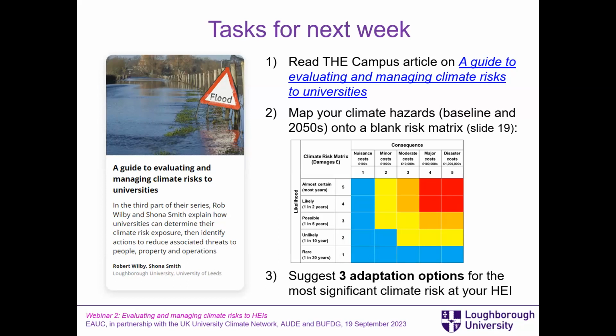So if we've got 3, 4, 5, 10 options to implement, how do we go about deciding in a rational way which ones to implement first? How do we schedule them in ways that make sense at our local institutional level?